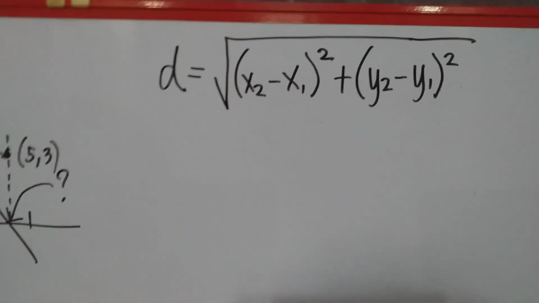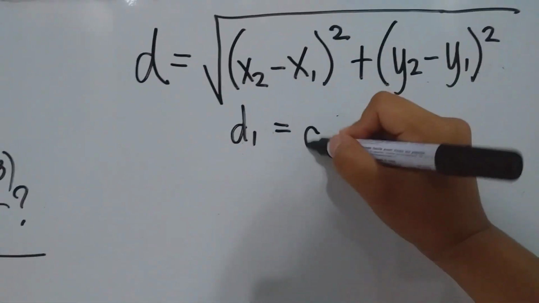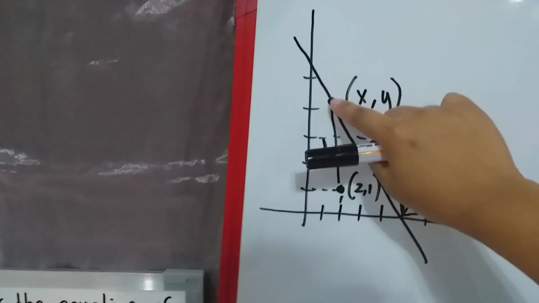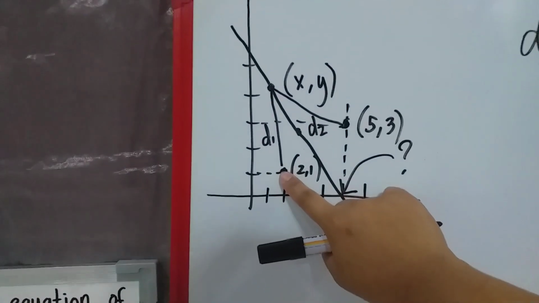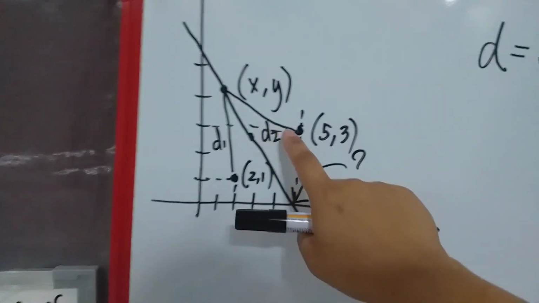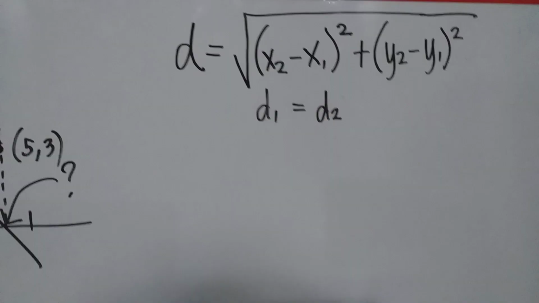Equating that, we have D1 equals D2. We'll find the distance from this point and this point, that's D1, and the distance between this point and this point, that's D2.